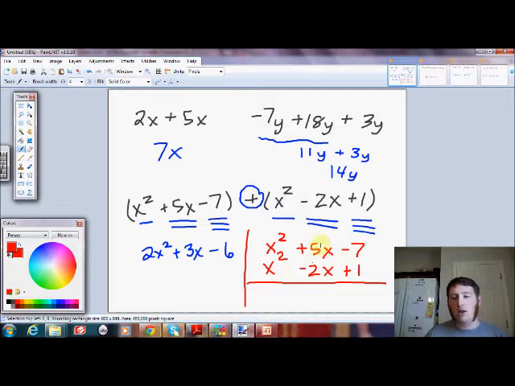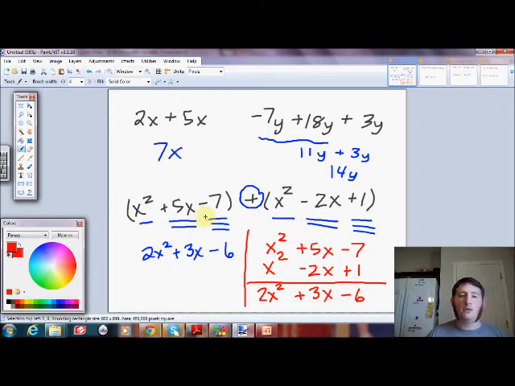Since we lined things up, you can just go down the column. Something and the same thing added together are 2 of that thing, so 2x squared. 5 of something take away 2 of that thing leaves you 3 of that thing, so 3x. And then negative 7 plus 1 would make minus 6.